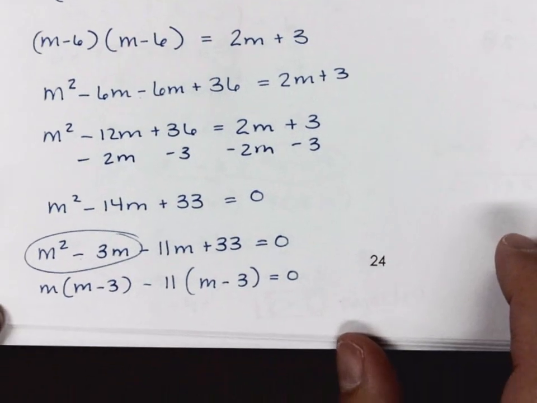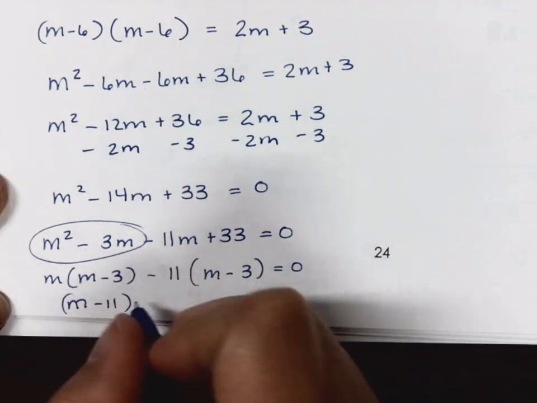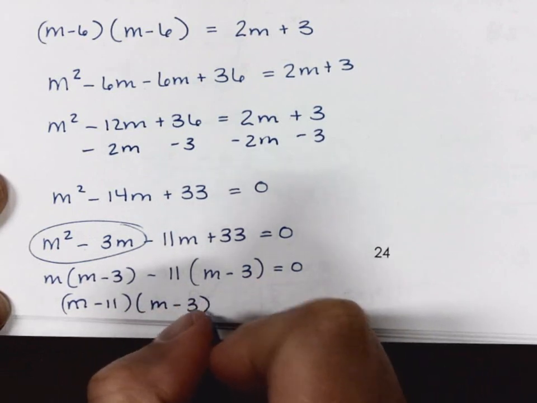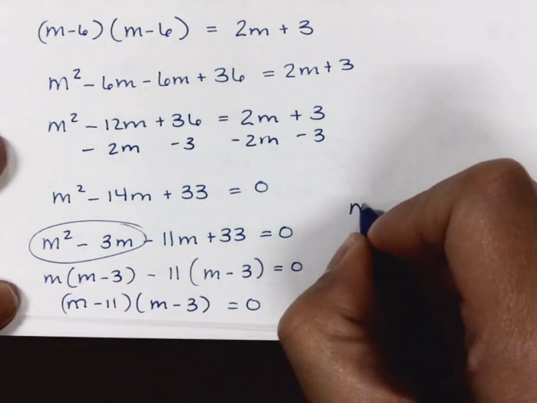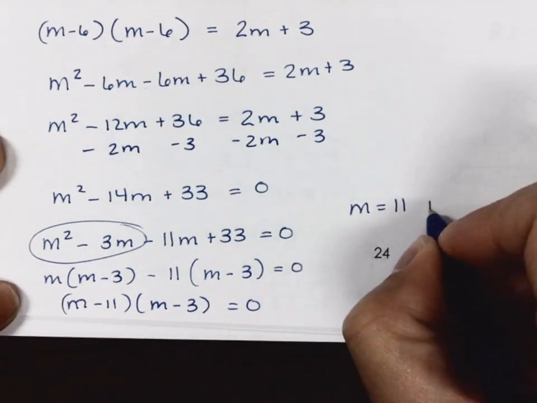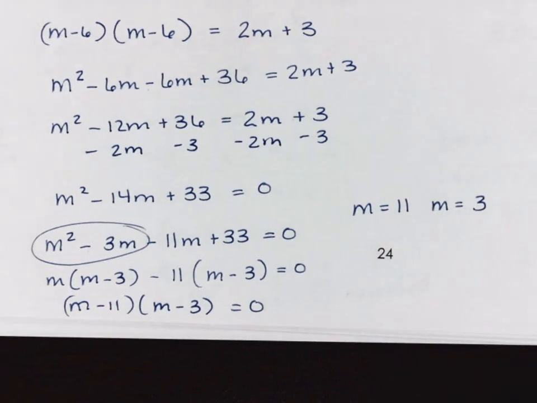I'm running out of room. So I have m minus 11 and m minus 3 equals 0. And so my two answers are going to be m equals positive 11 and m equals 3. And then that last step is going to be to check my answers.